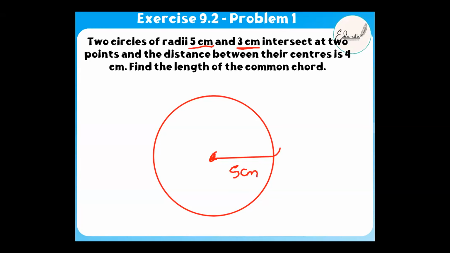Yes. Now, then they have told you there is a 3 centimeter circle that intersects at 2 points, okay? And the distance between their centers is 4. So, this is a center circle at 5. Between the centers, they have distance 4 centimeter. So, ये और this point O और M एक और circle के बीच में आपको 4 centimeter gap होना चाहिए, ठीक है?